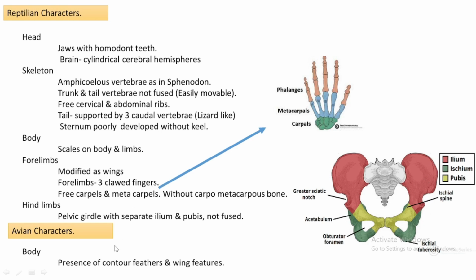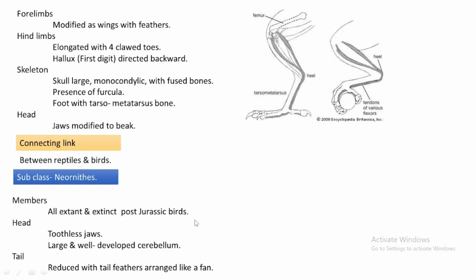Then which are the characters it has as birds? Avian characters. Coming to the body, a presence of contour feathers and wing feathers. There are 2 types of feathers, and this Archaeopteryx possesses those 2 types of feathers. That is a feature of birds. Then forelimbs are modified to wings with feathers.